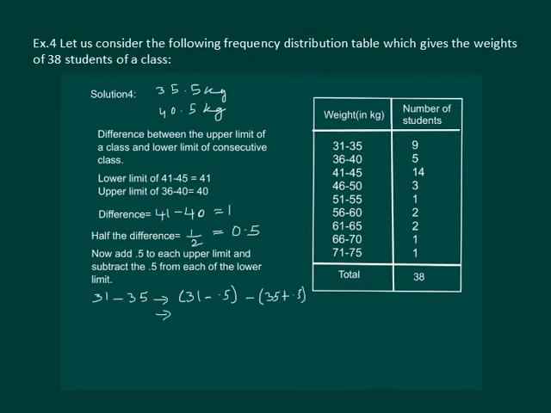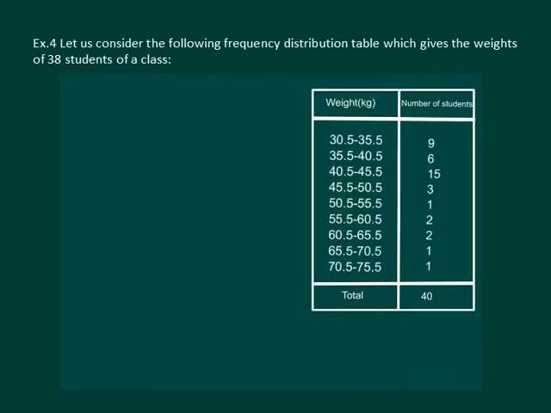That is same as 30.5 to 35.5. Similarly, 36 to 40 becomes 35.5 to 40.5. Now our same table will look like this.